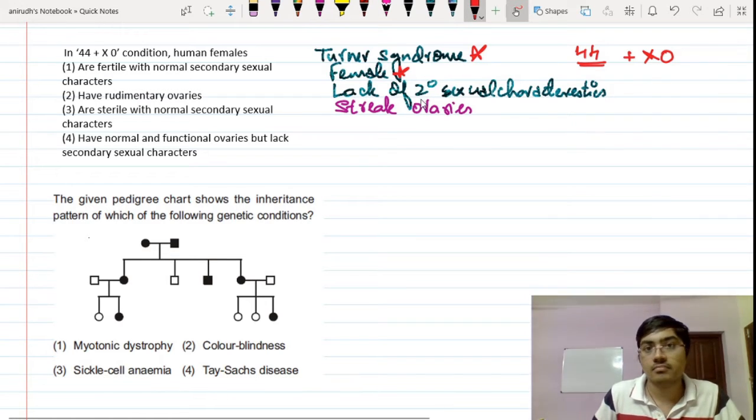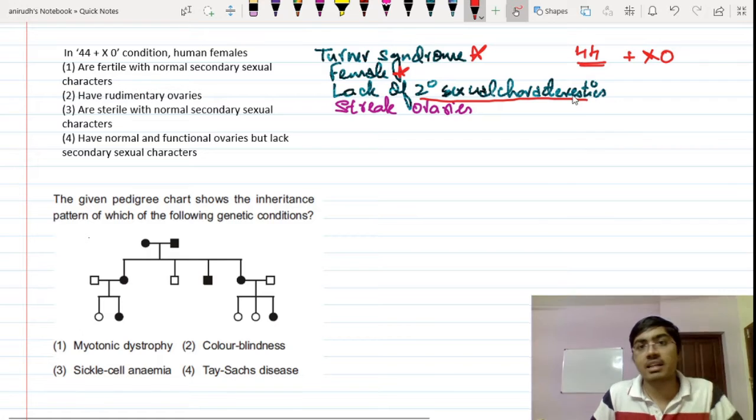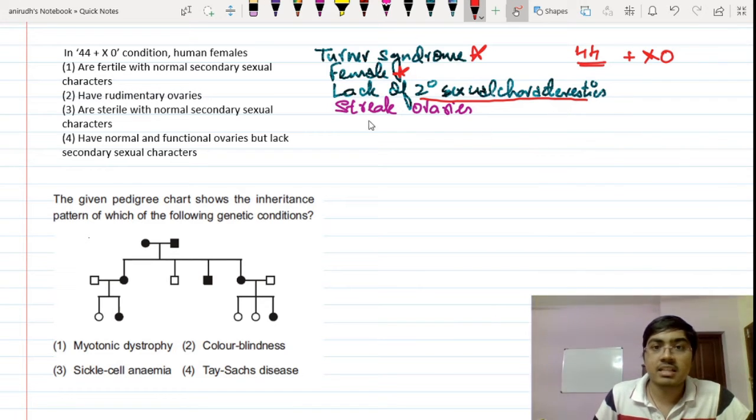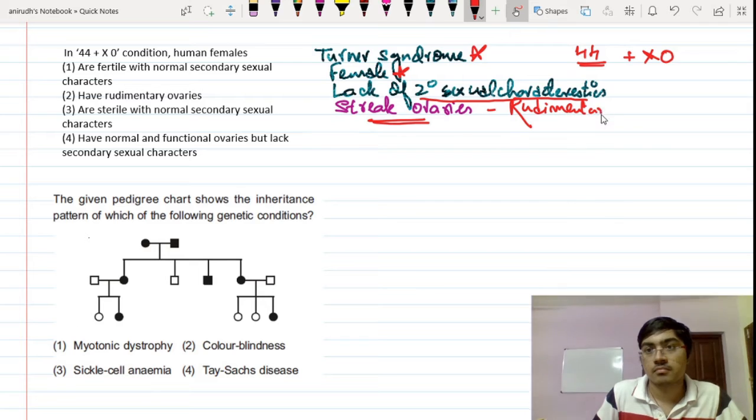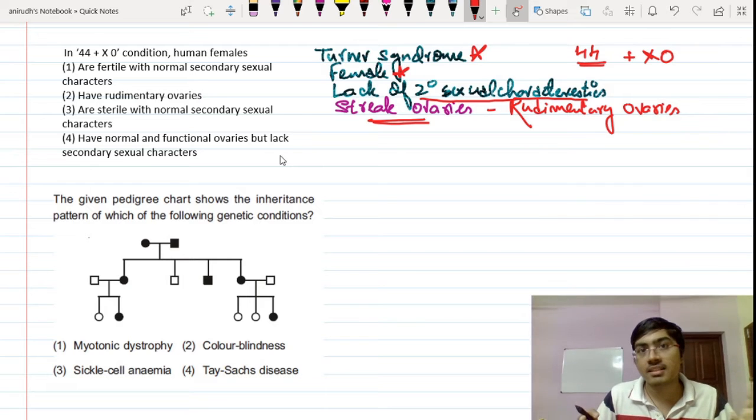As per the anatomy, she has streak ovaries, or rudimentary ovaries, which are non-functional. Since the ovaries are not working, this person is a sterile female.